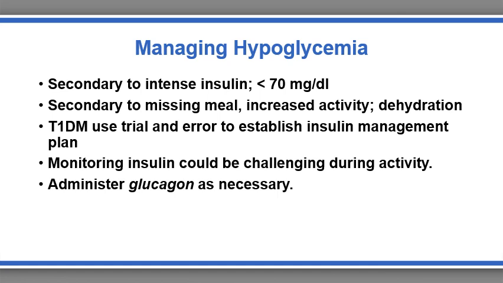If they can't eat or drink anything because they're so confused or disoriented, or they may be unconscious, or if they're having seizures, they need glucagon. In your textbook, they go through the whole administration, what's required, and what has to happen afterwards. By the time someone needs a glucagon injection, you should be activating EMS along with that.